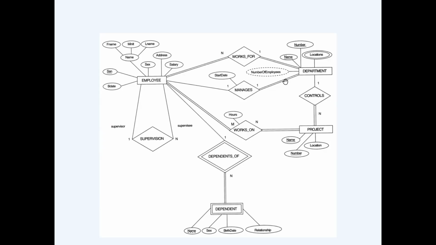Similarly, you can notice some of the employees manage the department. If you look at these two entity types, you can see there are multiple relationship types. Employee works for department and at the same time, employee manages department. Okay, so that's the first part.